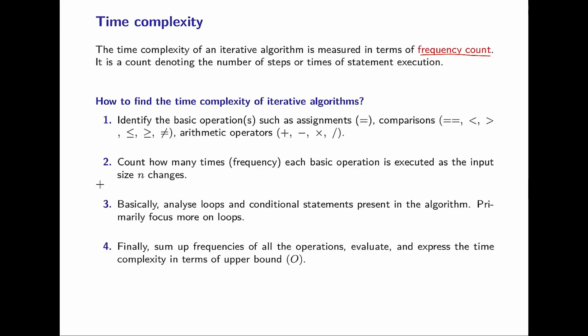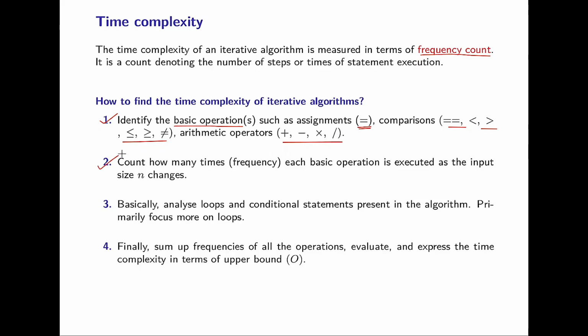We need to follow these 4 steps. Step number 1, try to identify the basic operations. What are those basic operations? Like assignments, comparisons, then arithmetic operators like addition, subtraction, multiplication, and division.